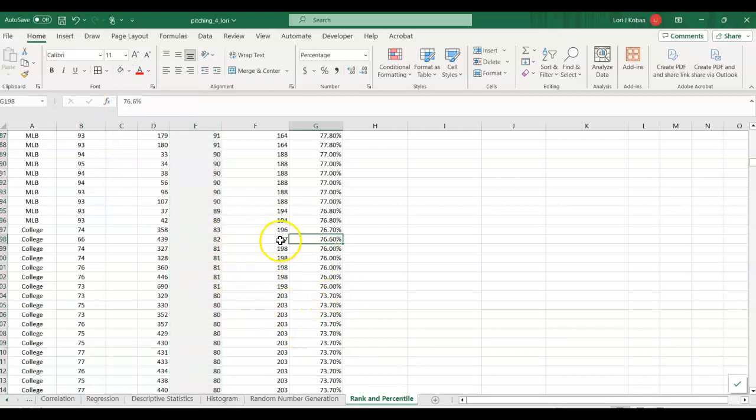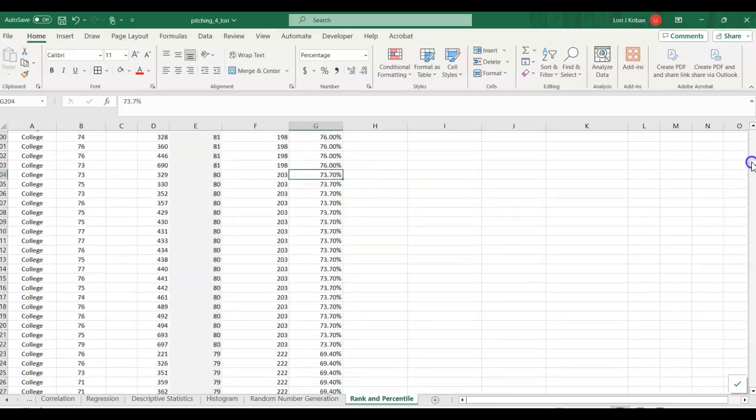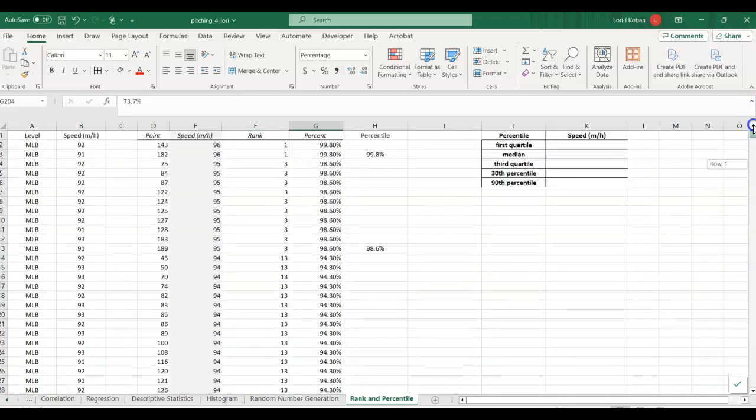Okay, so 81 is bigger than 76% of the data. And so the 75th percentile is less than 81. But when we go to 80, all of them group together, and it's bigger than 73%. So the 75th percentile must be 80. So this must be 80.